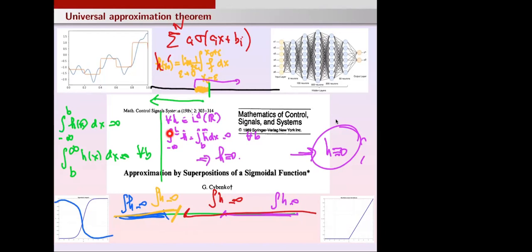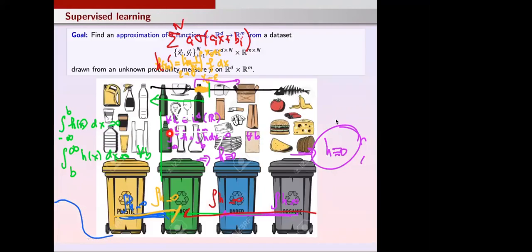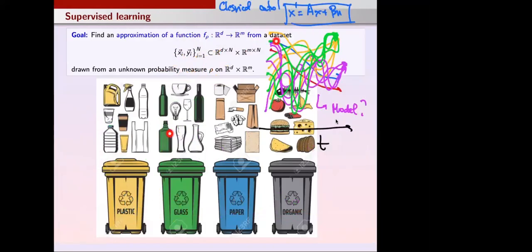Methods that were built in order to solve numerical optimization problems arising in dynamical systems out of chemical engineering turn out to be the ones you use in order to identify the parameters in this universal approximation, which is what you need in order to build the nonlinear dynamics that is able to classify waste.